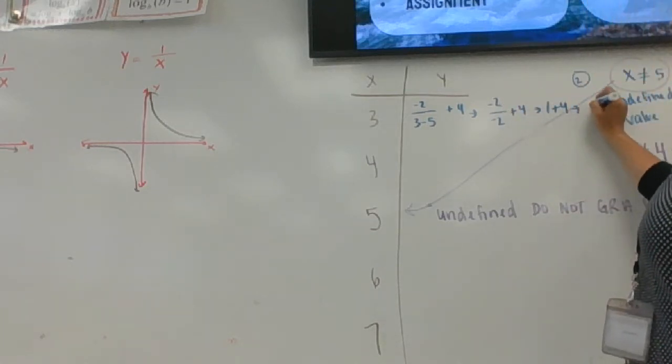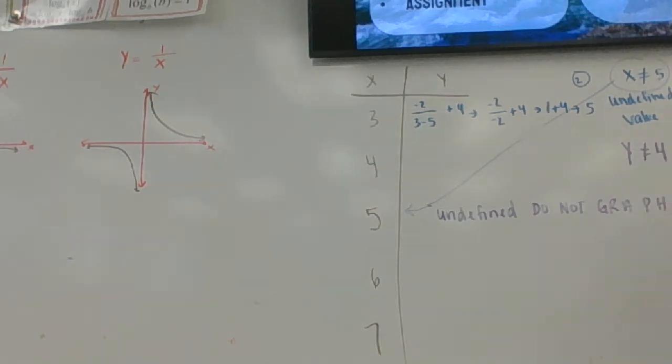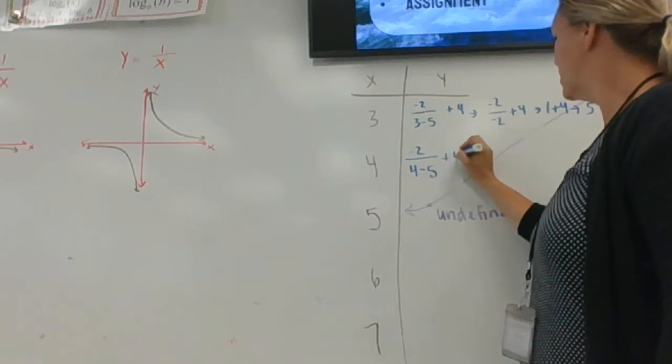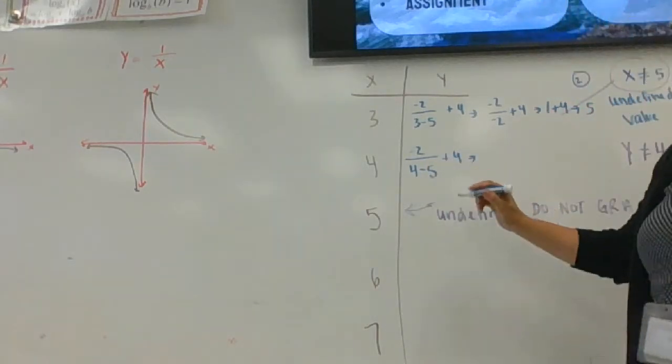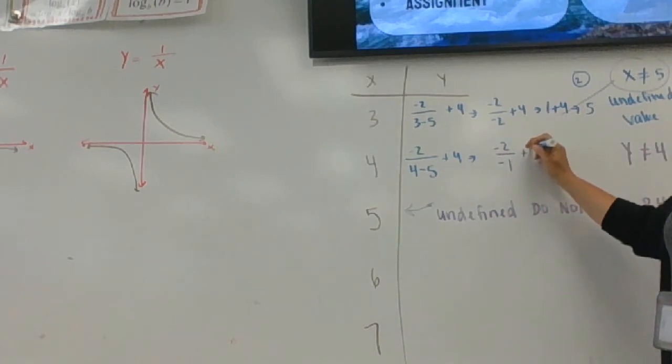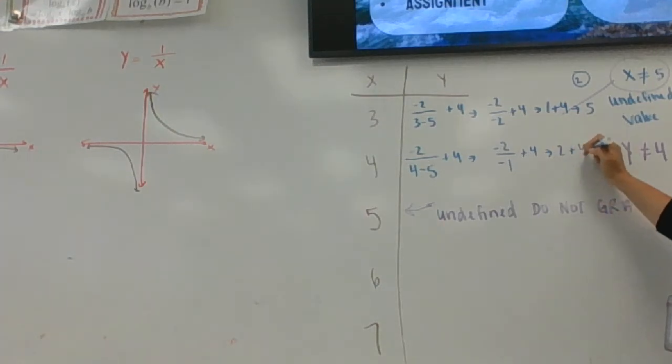Yes, I agree. We have an ordered pair at 3, 5. What did you get for 4? Let's just see. -2 over -1 plus 4. 2 plus 4 is 6. So we have a point at 4, 6.